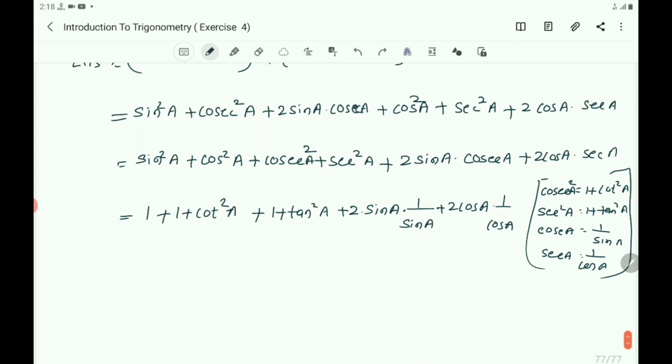And also you got here 1 by sin A is cosec A, and 1 by cos A is secant A.